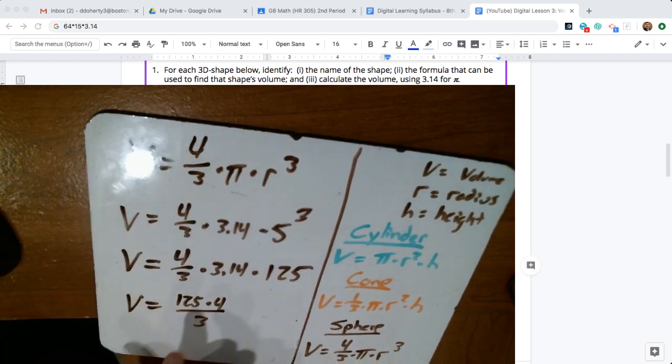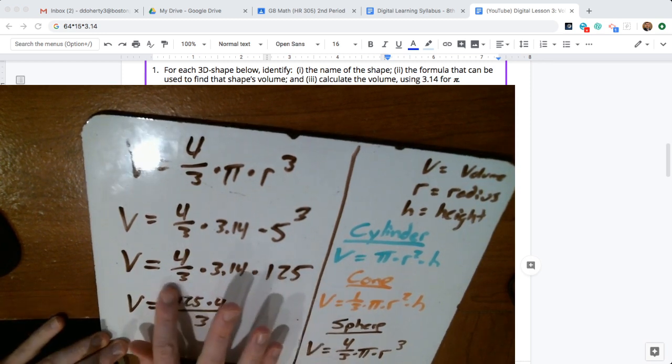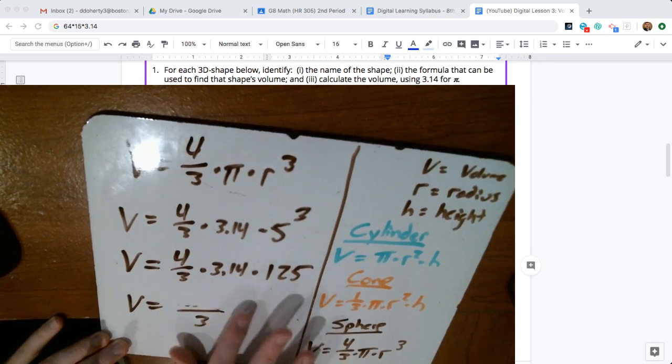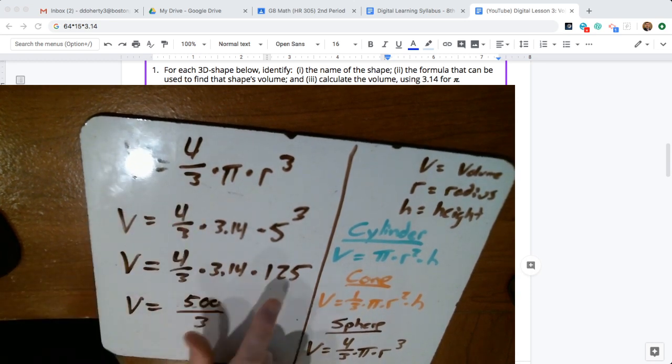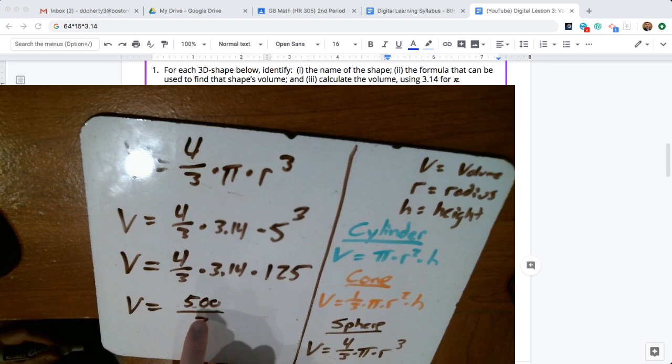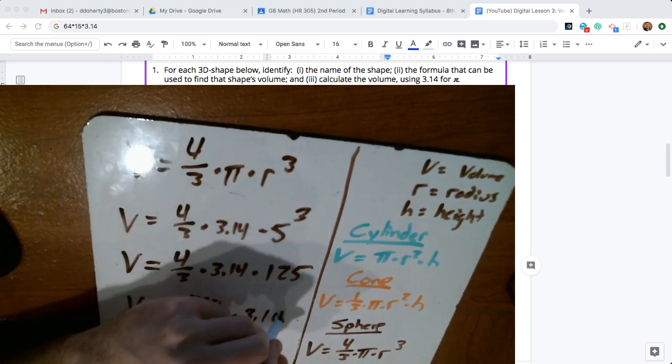That is the same thing as taking 125 and multiplying it by the fraction 4/3. When I do 125 times 4, that's going to give us 500. So it really becomes 500 divided by 3, multiplied by 3.14.